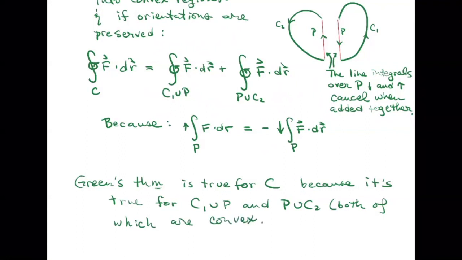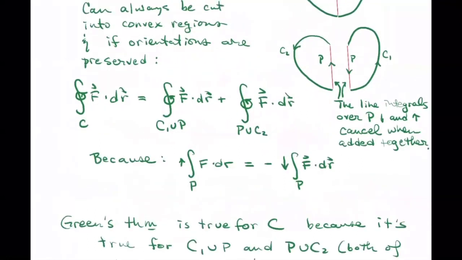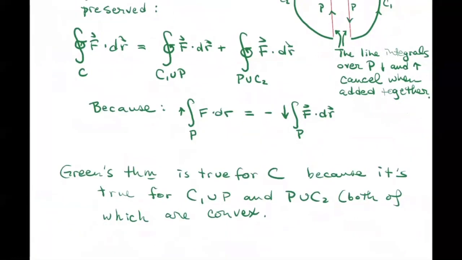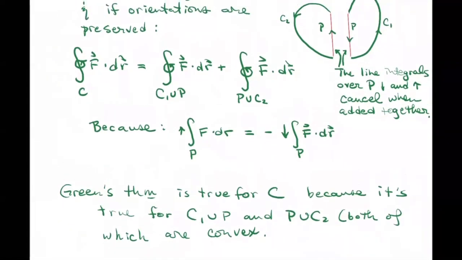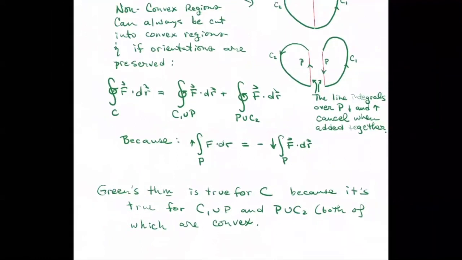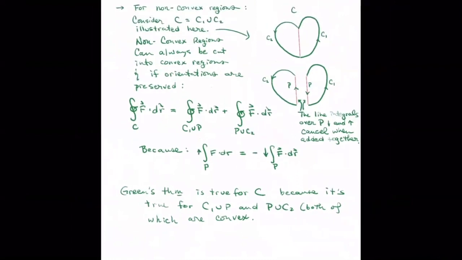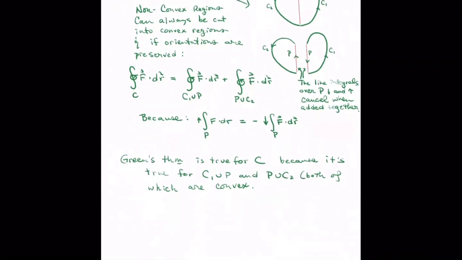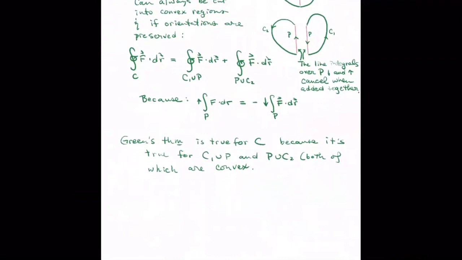The theorem talks about convex regions, but it also works for non-convex regions just because non-convex regions can always be cut up into convex regions. And when you add up all those line integrals, they add up to the original line integral. So Green's theorem will work on all of those little convex regions and therefore will add up to the total. Okay, so that's just one note.